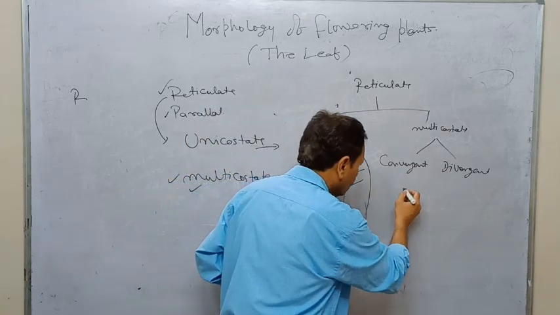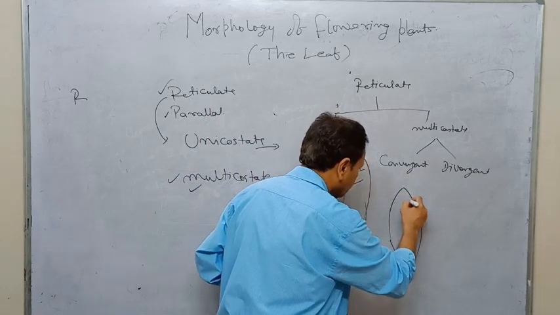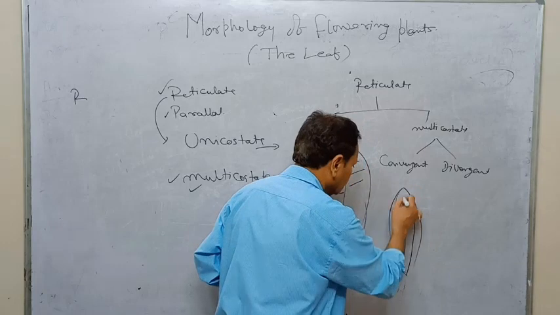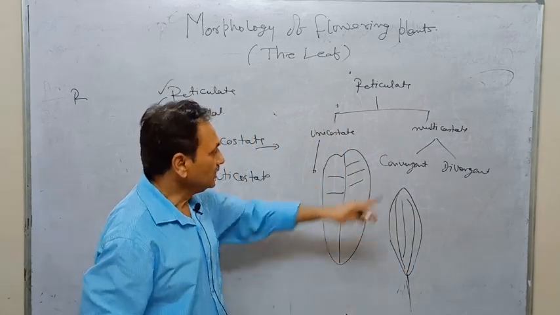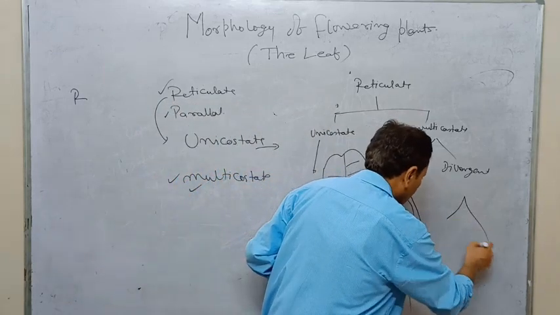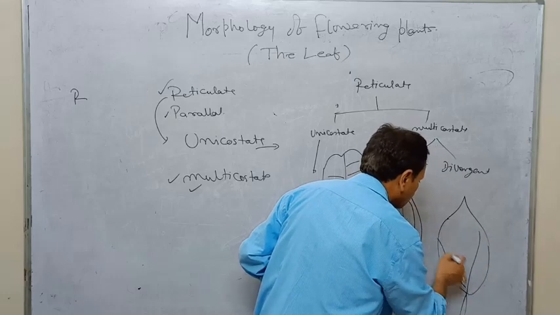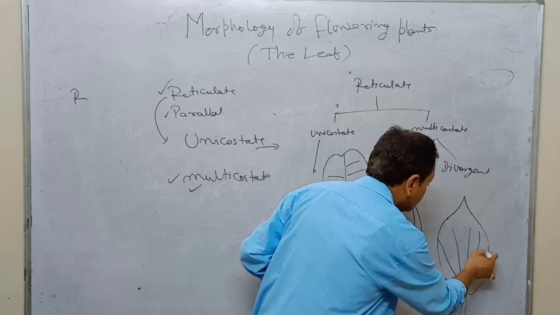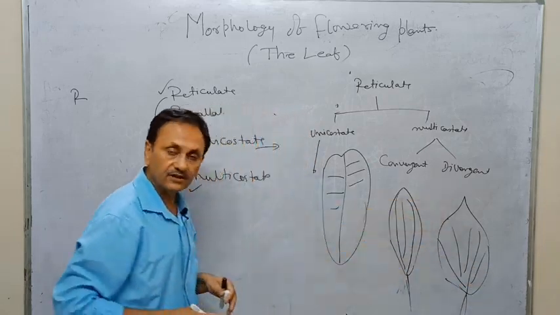If this type of leaf is present having no reticulation, only parallel veins, that is called convergent. And if this type of leaf is present having this type of origin points but no reticulation, then it is called the divergent type of venation.